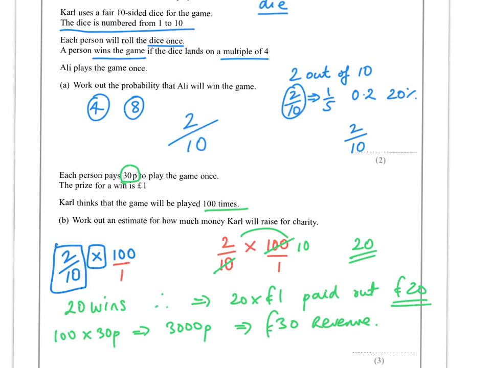So what would be the net effect? How much would he raise for charity, assuming that he gave all the proceeds to charity? Well, if £20 is paid out and he receives £30, then £10 or 1,000p would be given to charity.